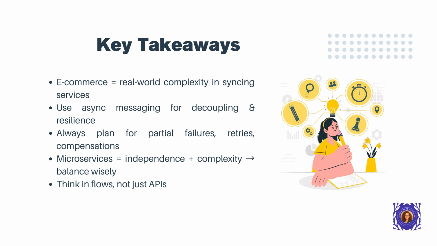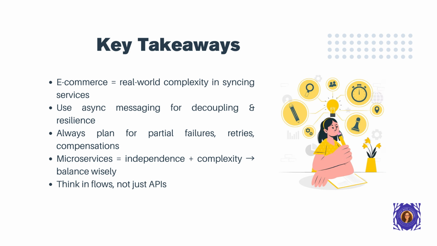Asynchronous messaging through tools like Kafka isn't just a nice-to-have. It's essential for building resilient, decoupled systems. When your email service goes down, orders should still process successfully. Always design for partial failures. In distributed systems, failure isn't exceptional, it's normal.